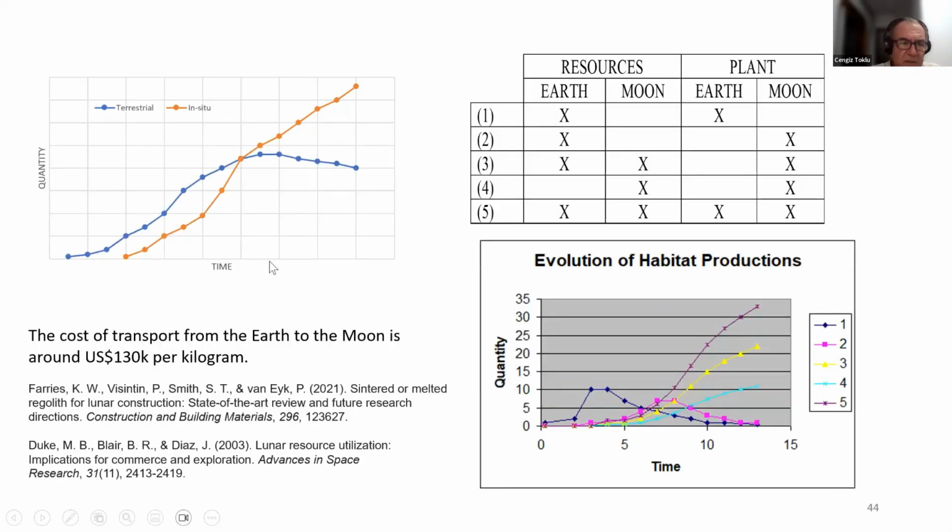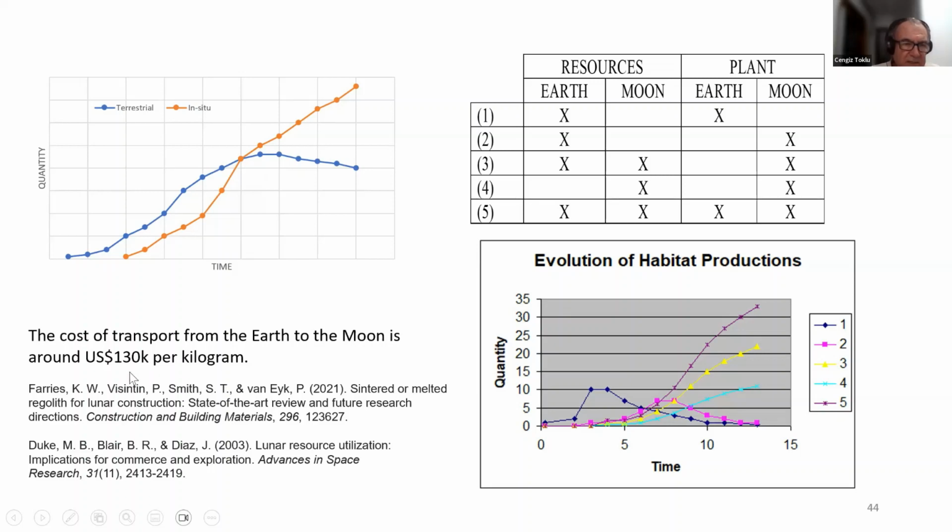So this is, for example, to see what types of terrestrial materials and in-situ materials we are going to use on the Moon. Of course, at the beginning, we will not use any lunar material. We will use only material brought from the Earth, and qualitatively, there will be such a diagram.